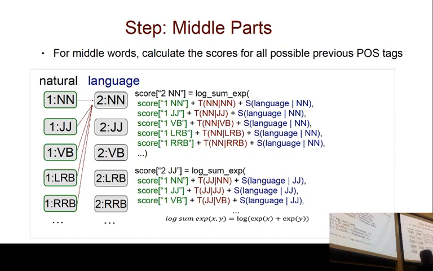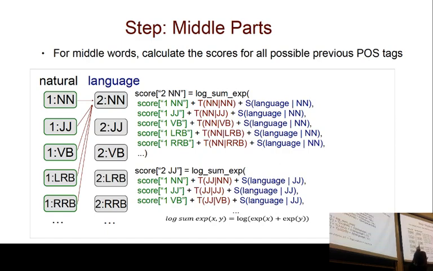And the proper thing to do is to operate in log space, because you don't want to have underflow problems. Otherwise all these would be multiplications, okay? Yeah, so we did that for 2 noun, and now we need to do that for every state in position 2, and then that's what you do for every middle position, right?